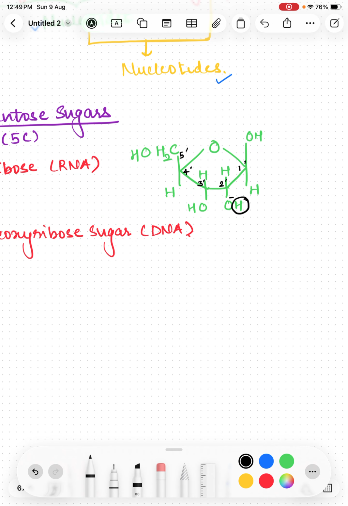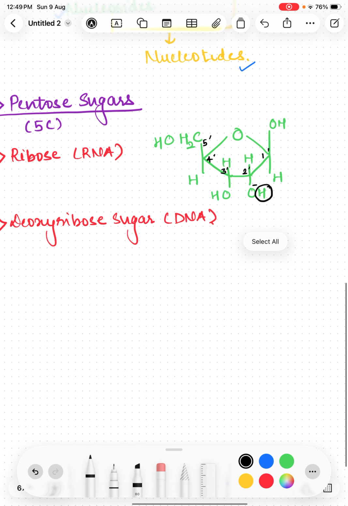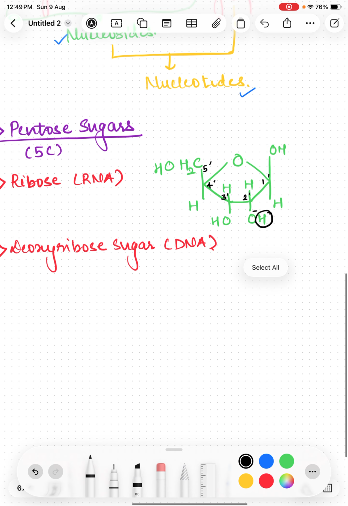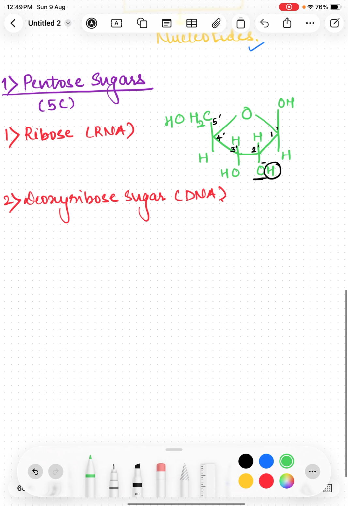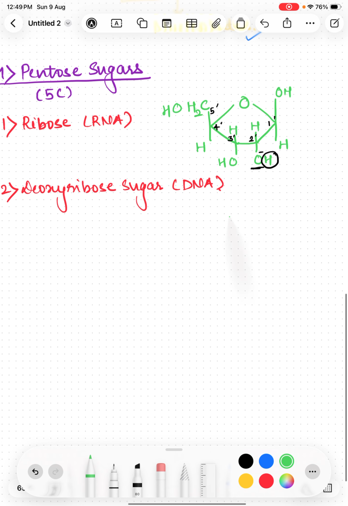So in DNA, in the pentose sugar of DNA, this oxygen atom is removed. So the structure of pentose sugar in RNA is as follows. The only difference between structure of pentose sugars in RNA and DNA is the oxygen atom which is present at 2 prime carbon is absent.